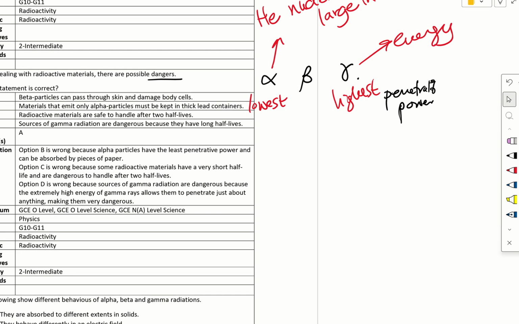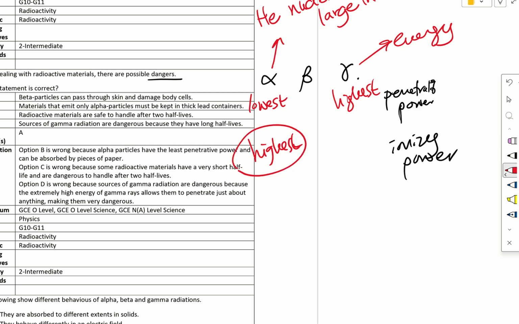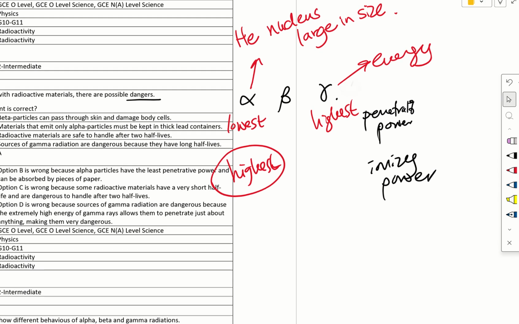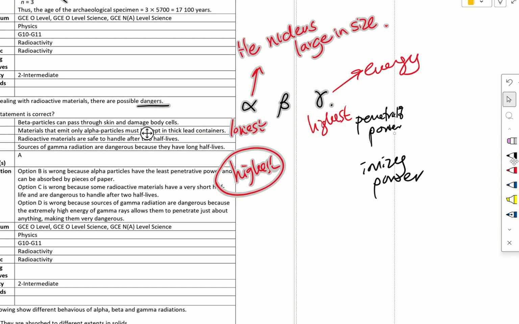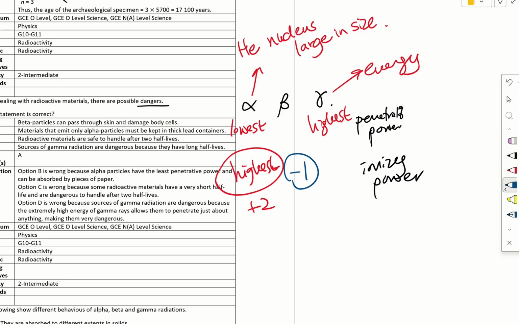Okay, then in terms of the ionizing power, the highest will be your alpha, because it's actually a helium nucleus, so the charge is +2. For beta, it is actually -1, so it's not as high an ionizing power as alpha.